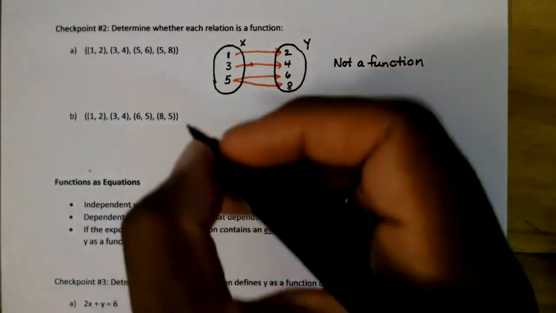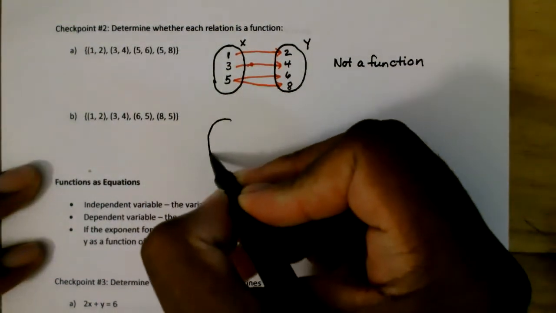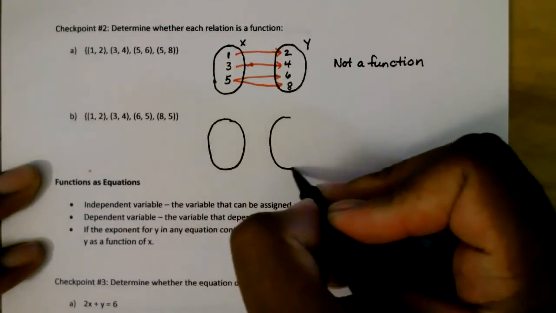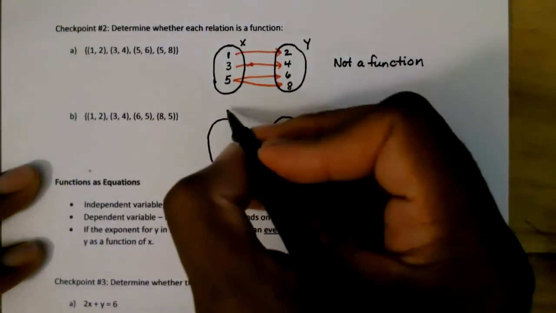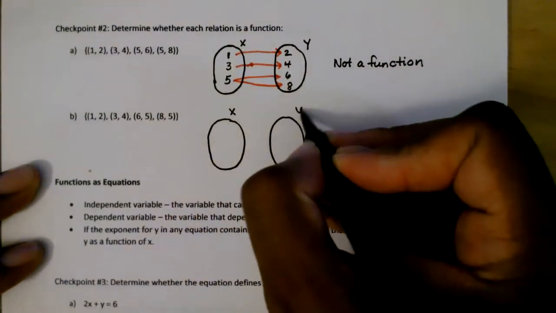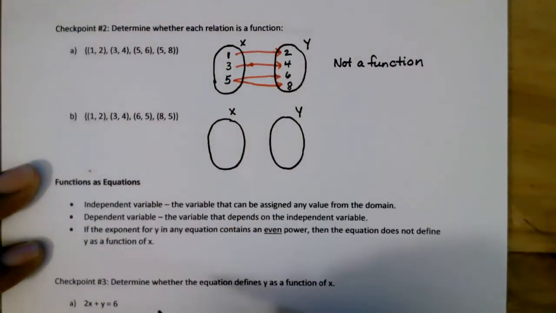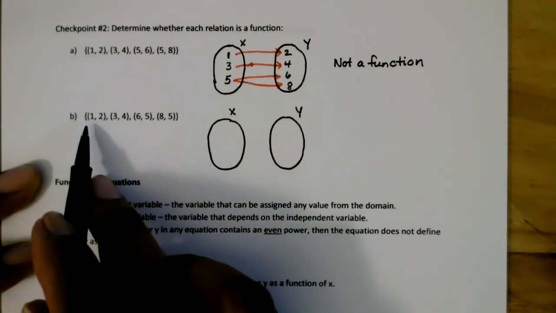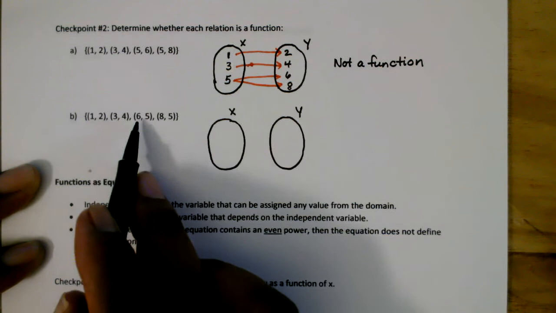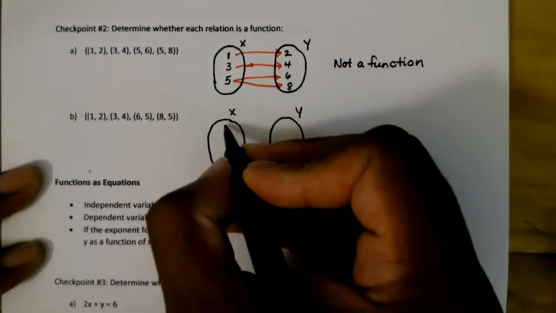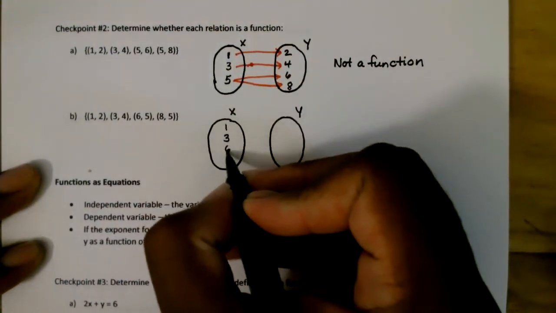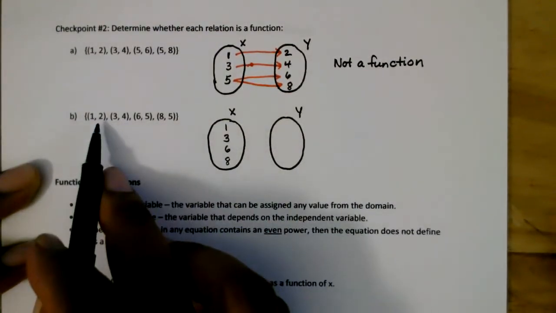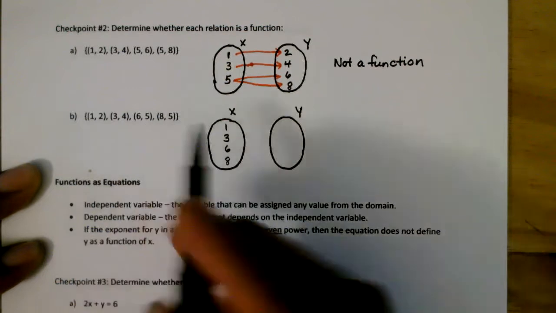In this case here, I'm going to do a mapping, just like I did in part A, from x to y, and list the ordered pairs. Well, list all my x coordinates, 1, 3, 6, and 8. And then list all the y coordinates here, 2, 4, and 5.